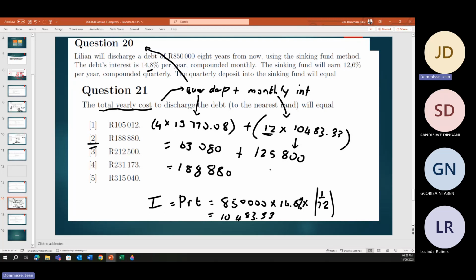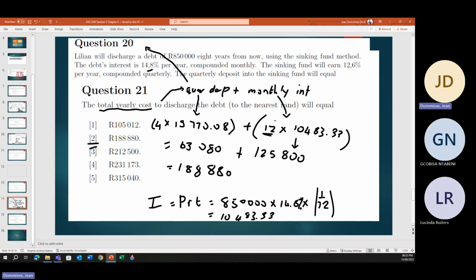What I would normally do is divide it by 12, because it might have been that they ask for your half yearly cost or 2 yearly cost, so that if it was half yearly, you multiply your monthly interest times 6. So that one doesn't make the mistake if it is something different than the yearly cost.